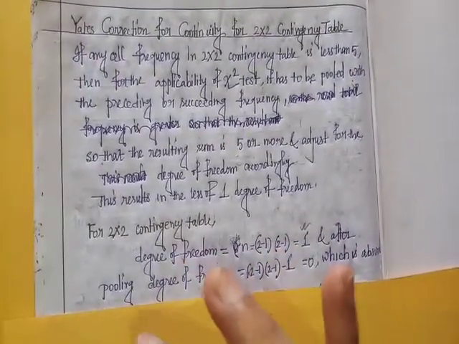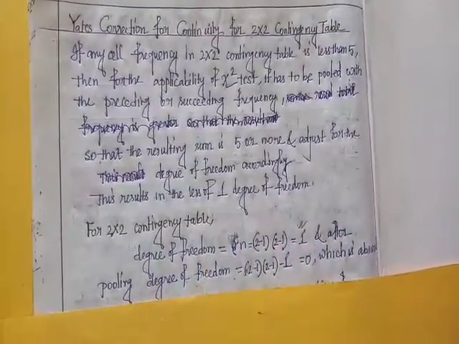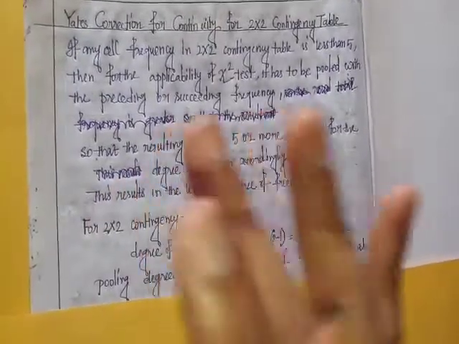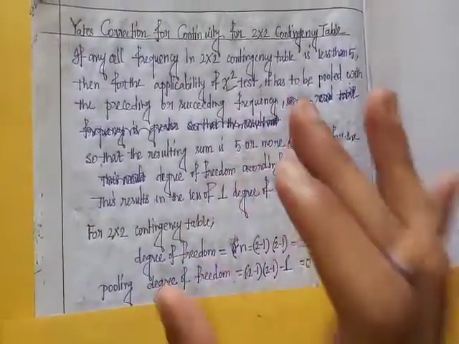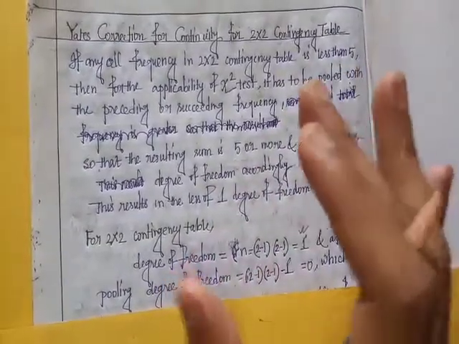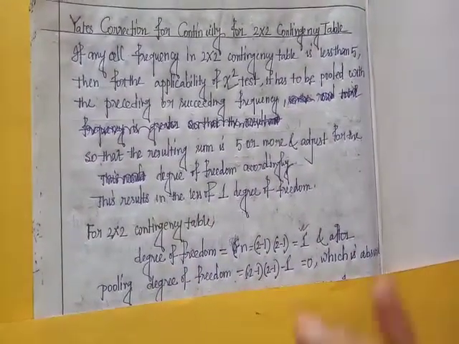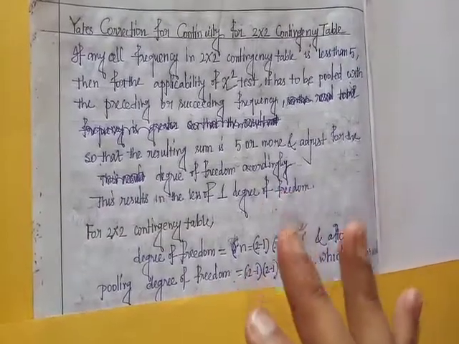Since for a 2 cross 2 contingency table, after applying the pooling method, the degrees of freedom becomes 0, which is illogical, to overcome it we apply Yates correction for continuity.